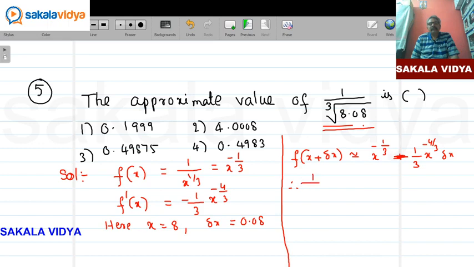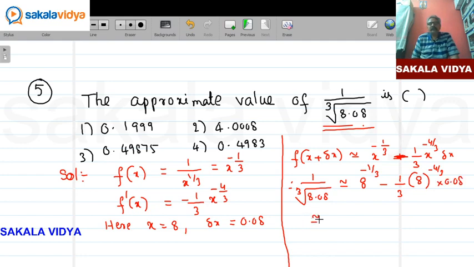Therefore, required value is 1 by cube root of 8.08 approximately equal to, in the place of x, 8 to the power of minus 1 by 3 minus 1 by 3 into 8 to the power of minus 4 by 3 into delta x 0.08.